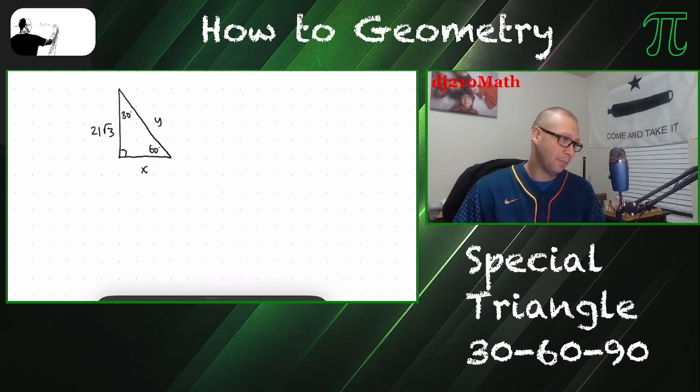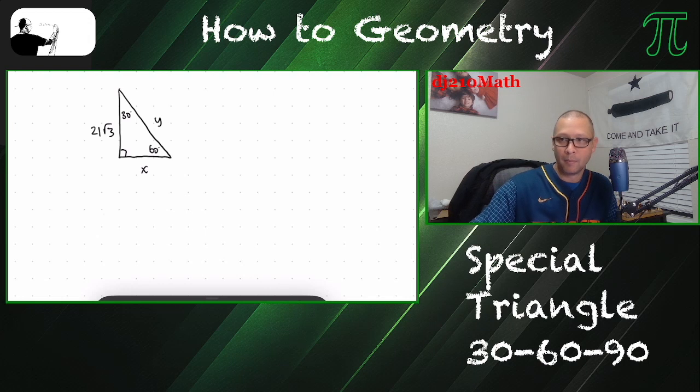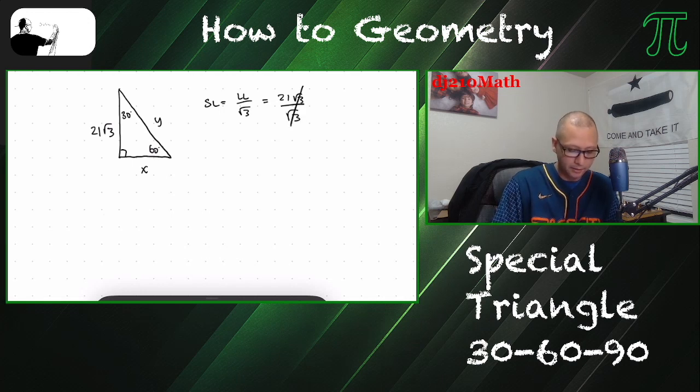Okay, here's our first example where we're given the long leg. So with the long leg, we can get to the short leg next. To get to the short leg from the long leg, we're going to divide the long leg by root 3. So short leg is equal to long leg divided by root 3. We have 21 root 3 divided by root 3, and the root 3's are going to cancel, and the short leg is just 21.